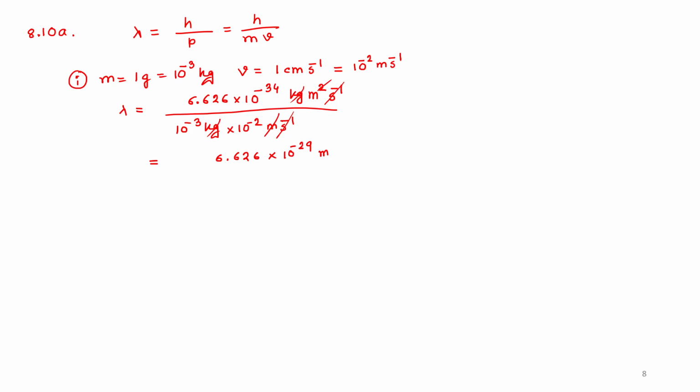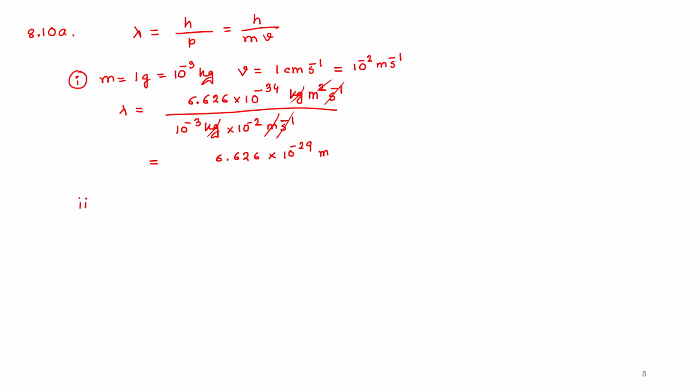There is no such diffractometer of that small quantity that can diffract this wavelength. And if something cannot diffract, we won't be able to see the wave nature. So we won't be able to do it for this system.